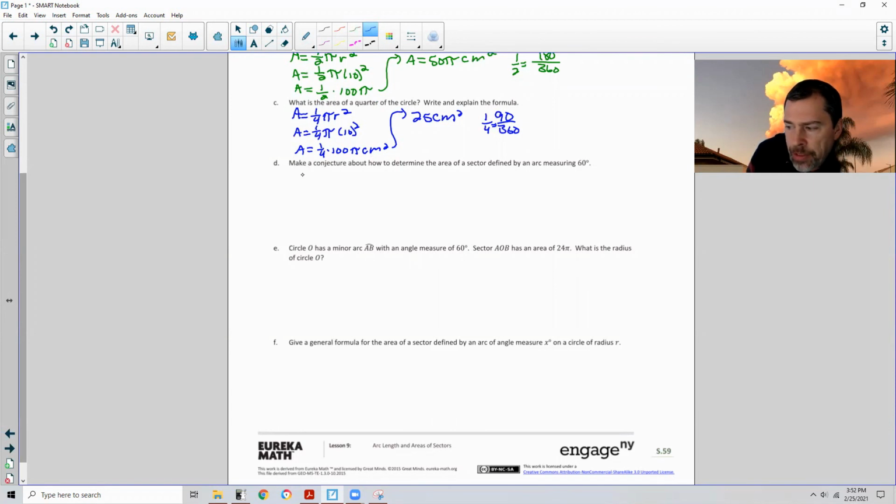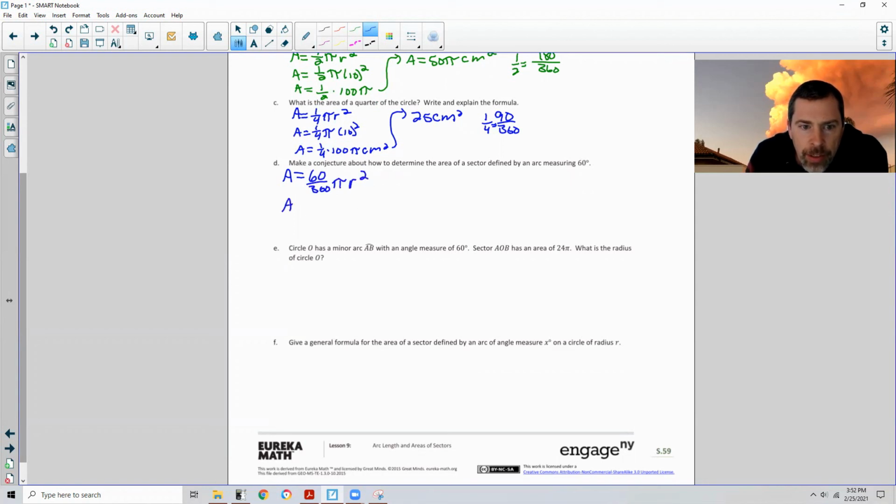So the area of the sector would be: 1/4 was 90 over 360, 1/2 was 180 over 360. So 60 degrees would be 60 out of 360 pi r squared.